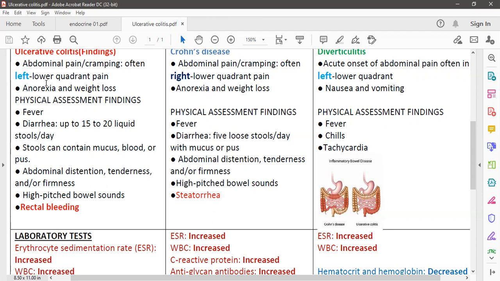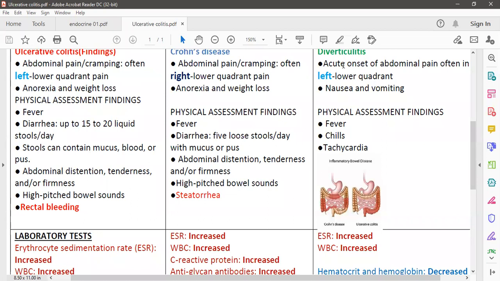Patient has anorexia, weight loss, nausea and vomiting. Right? So anorexia and weight loss are common for ulcerative colitis and Crohn disease. Nausea and vomiting, diverticulitis.